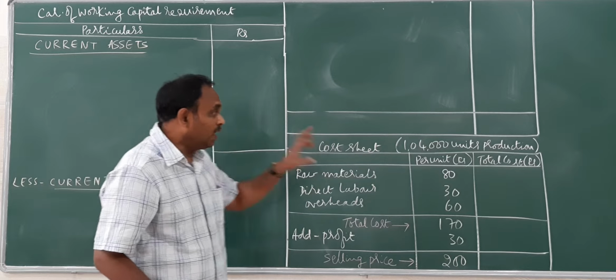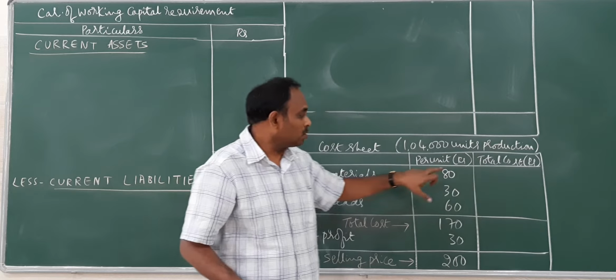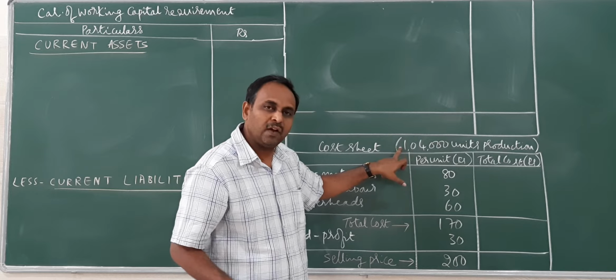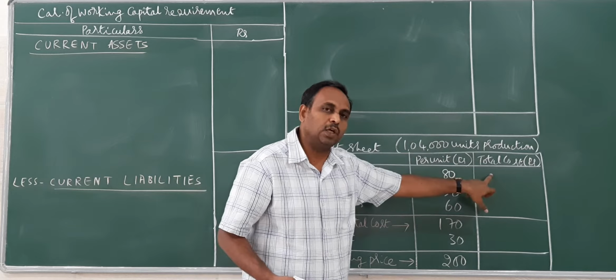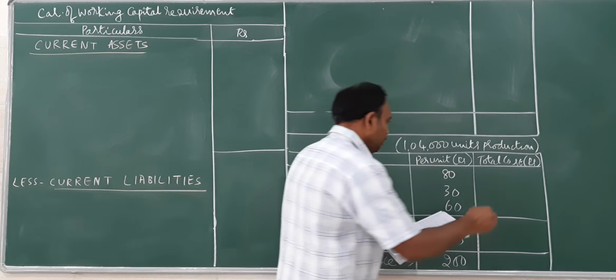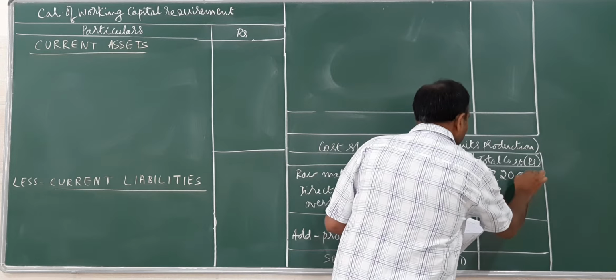So here we have to convert the cost sheet per unit into total cost. So how to convert? 80 rupees per unit for 1,04,000 units, how much is the total? So 80 rupees into 1,04,000 units, 83,20,000.